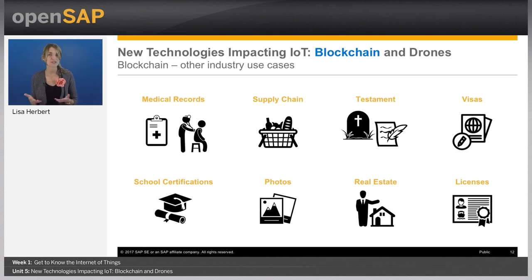In real estate, blockchain technology could help solve problems everyone has with this industry, including the title process, land registry, and even escrow. Or imagine a will or testament set up so that it is executed automatically upon the death of its creator. And my last example are licenses. Document renewals could become paperless if they were stored in a blockchain.